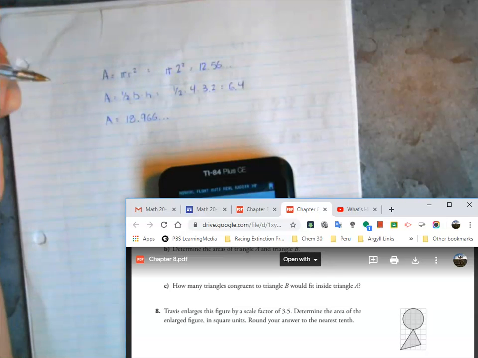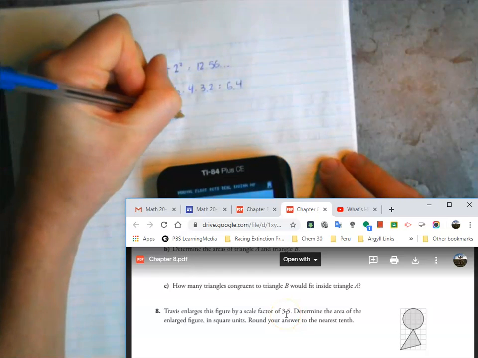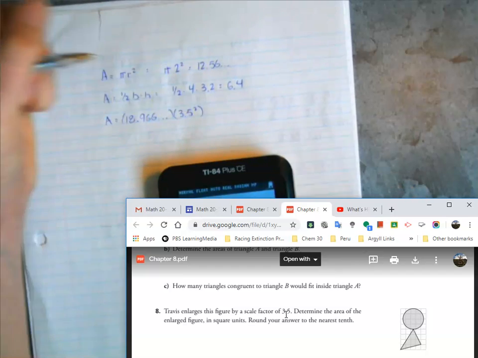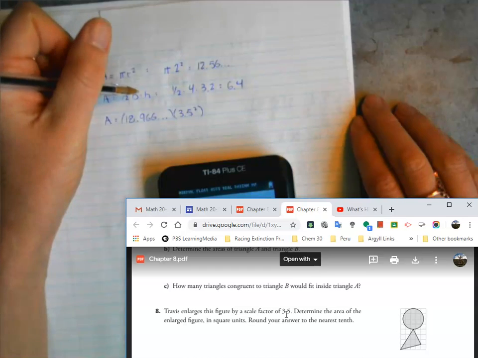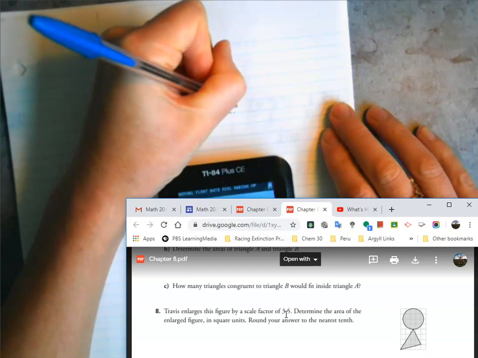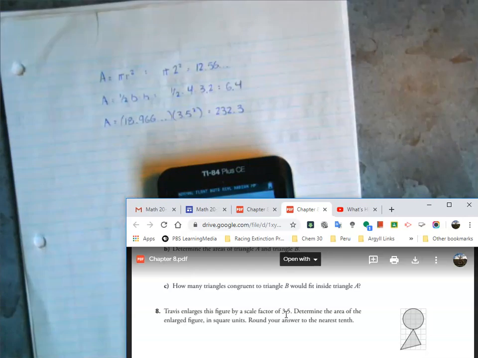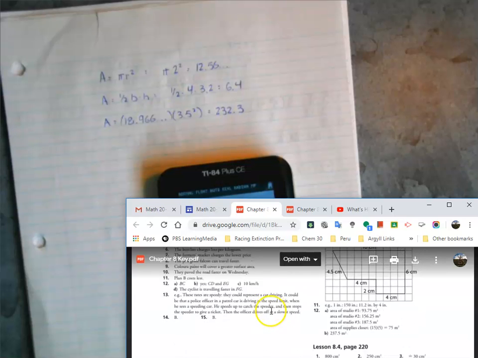And so our scale factor was 3.5. So basically, we're going to do this area times 3.5 squared, which is 12.25. So that gives me 232.3.